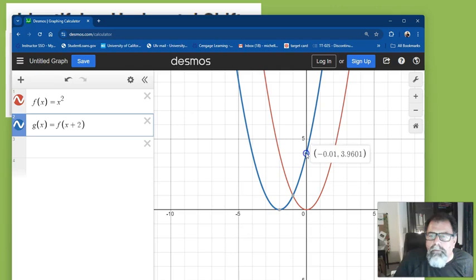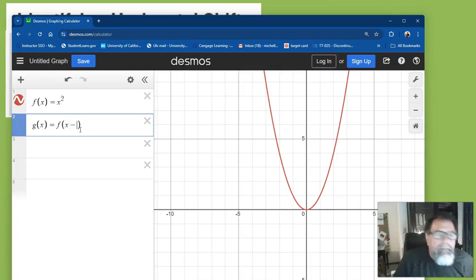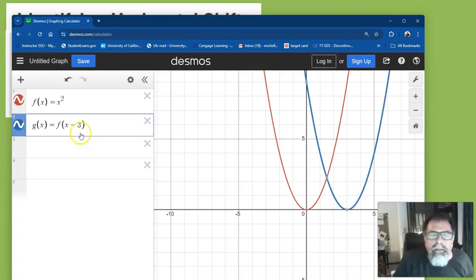So it'll be 0, 4. It's not cooperating with me there. There you go. Okay, so again, it's going to be whatever the opposite. So if I have minus 3, that's going to shift the parabola 3 units to the right. Okay, so that's the horizontal shift.